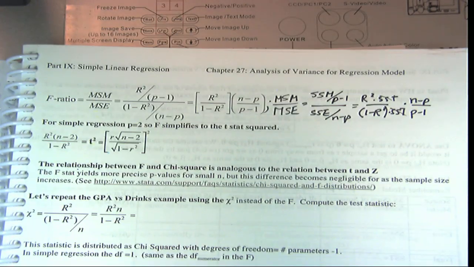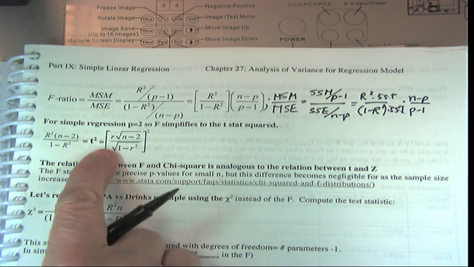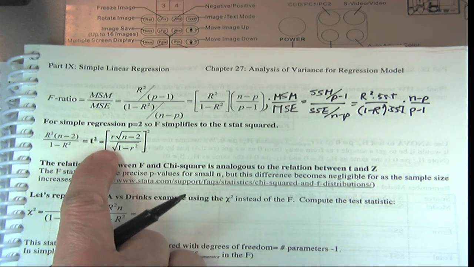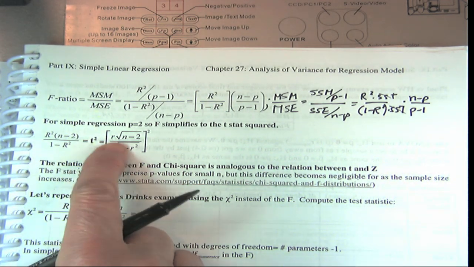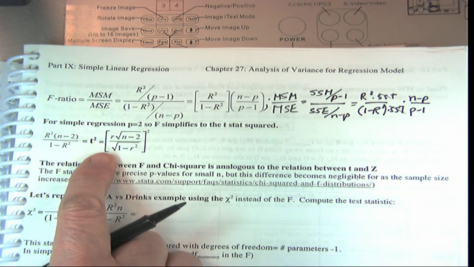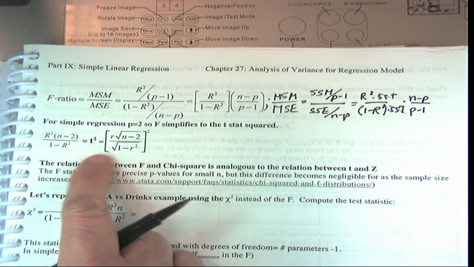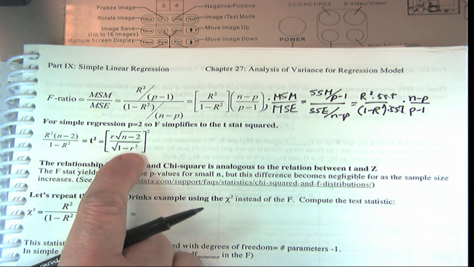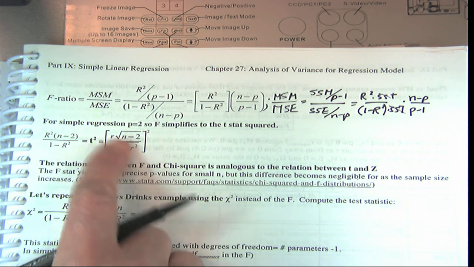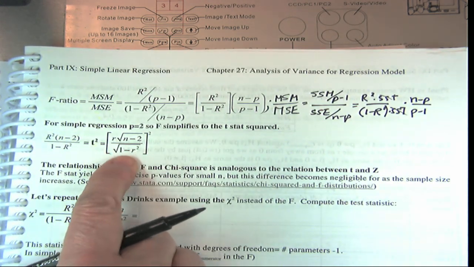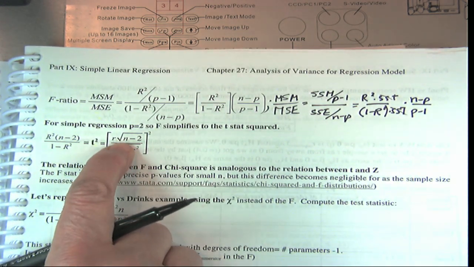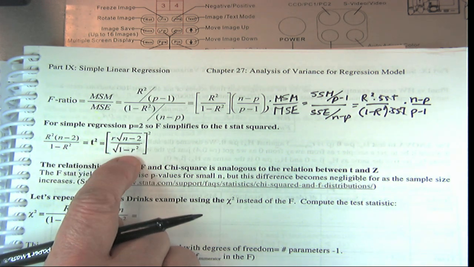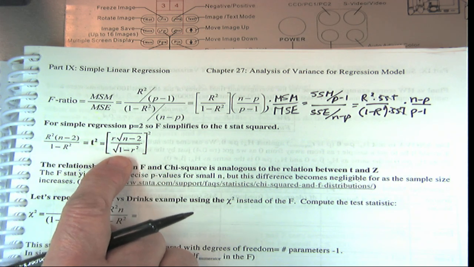All right, so now we know that. And now it's easier to see how it matches up with t squared. Because remember what t was. It was r over the square root of 1 minus r squared times, well, it simplified to this. Do you remember that? And then z was, do you remember this? Does that look familiar?